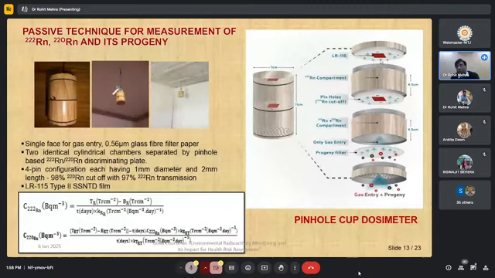Now we are having some advanced techniques. We are having some spark counters which can measure those damages within minutes. But previously, when we were pursuing our research 10 or 15 years back, we were counting those tracks or damages with the help of optical microscopes. So around 400 magnification microscopes which we were using, and then we were counting the damages.